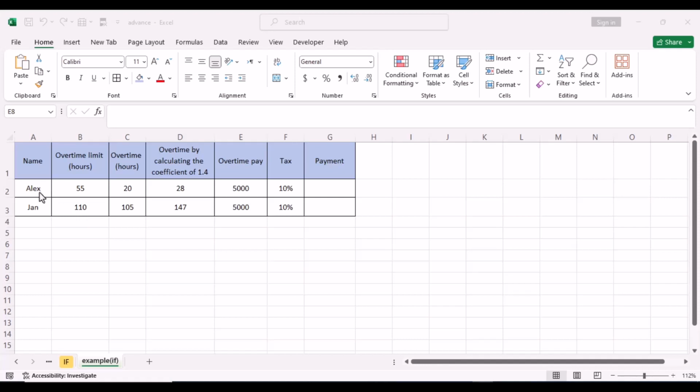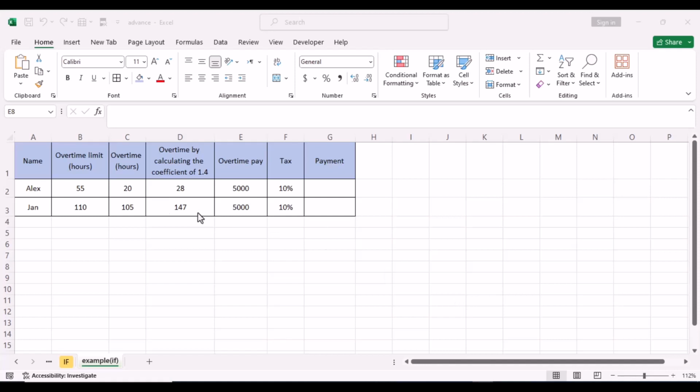So, for each person, there is a different overtime limit. Alex has 20 hours of overtime and Jan has 105 hours. The law of the company is such that for overtime hours, it considers a coefficient that is equal to 1.4. That is, it multiplies this number by 1.4.